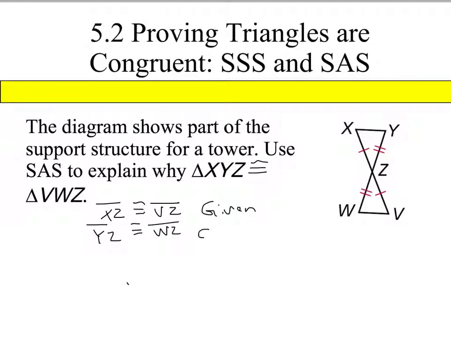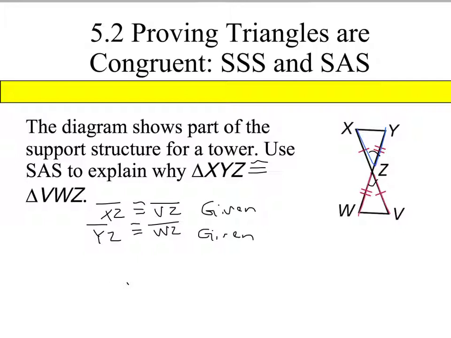How do I know that? It's given. So I now have two sides, and what the original problem says is I want to figure this out using side, angle, side. So I have these two sides congruent to these two sides, and now where they come to a point, I want to prove that those angles, the included angle, are congruent.